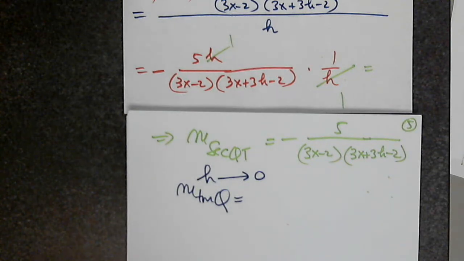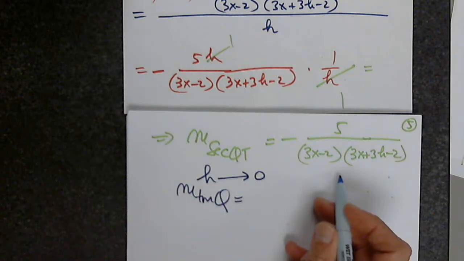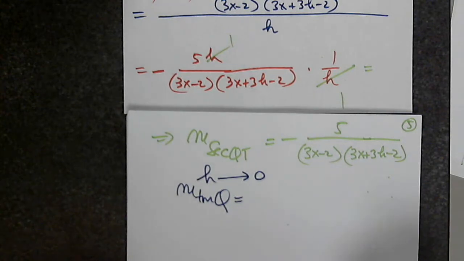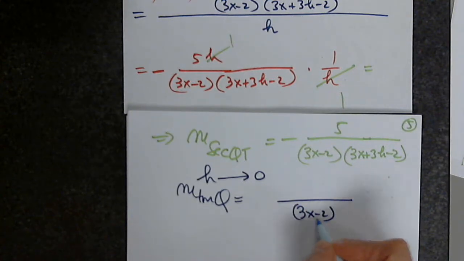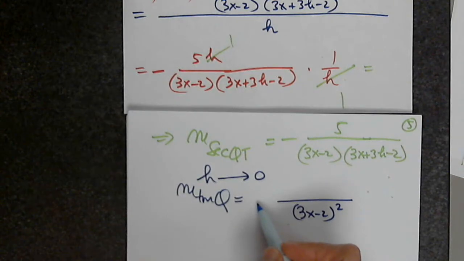Just give it a shot. 3x minus 2 squared. But this is in the denominator. I cannot start with that. You want to start with the denominator? Okay. Oh yeah. So it would be, and then the 5 on top, right?